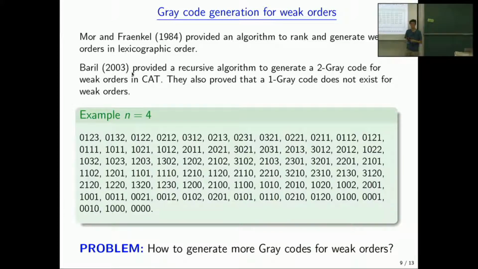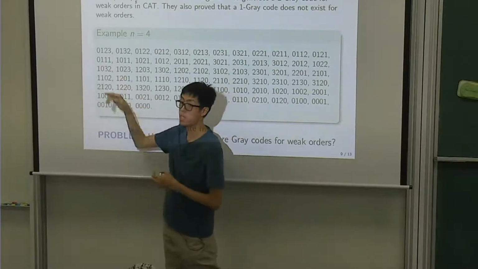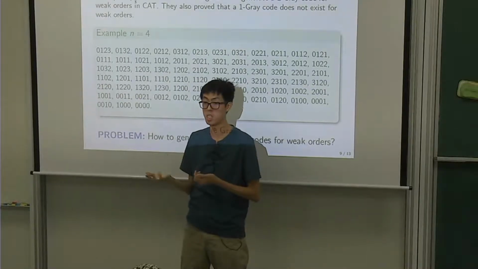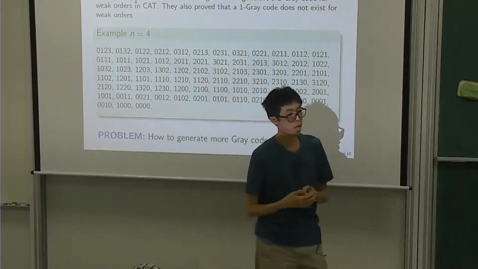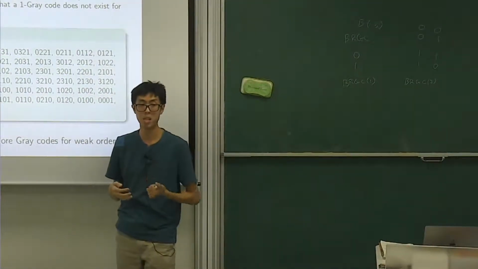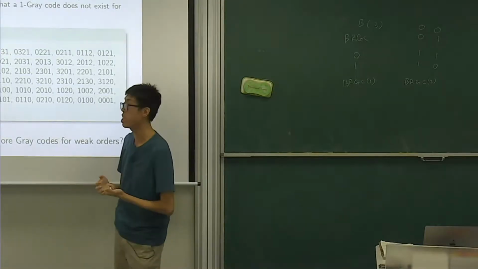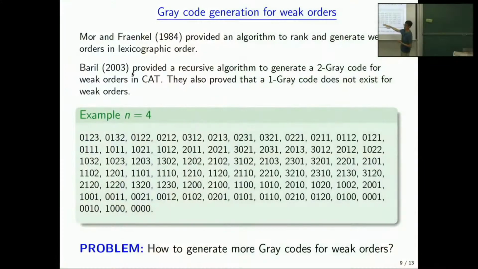And the gray code is also not cyclic. By cyclic, it means that the last one and the first one differ by more than 2 bits. We want to have a cyclic gray code, which means that the last one and the first one also differ by a small amount of changes. That's why we work on this problem. And the nice thing is that we are able to devise a new algorithm to generate gray code for weak orders.